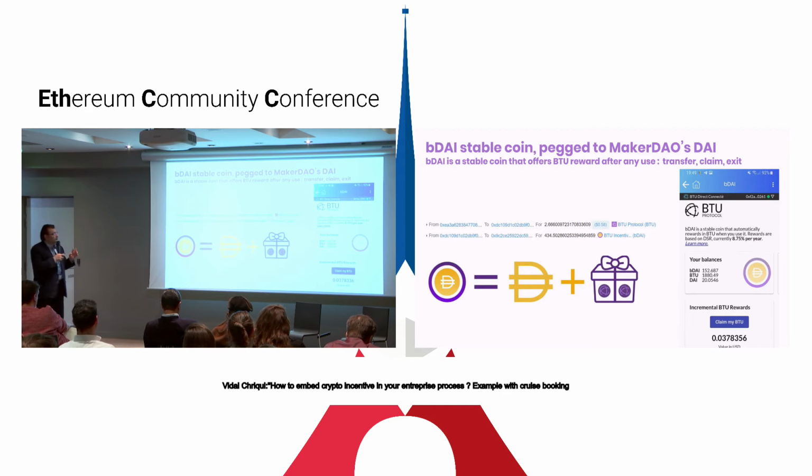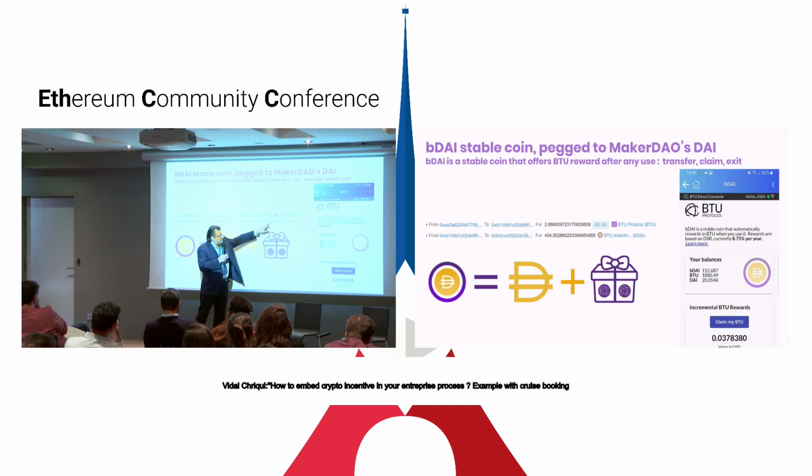Just a little focus on the BDAI because it's very new. We have just announced it 3 days ago. So you see here in an Etherscan screenshot, whenever you make a transfer of BDAI, you're getting automatically a reward in BTU incentivized DAI.